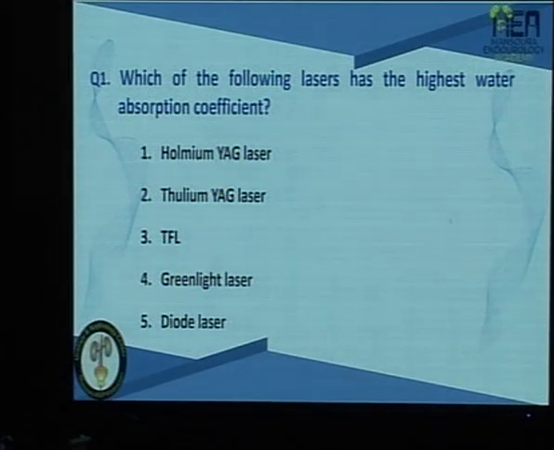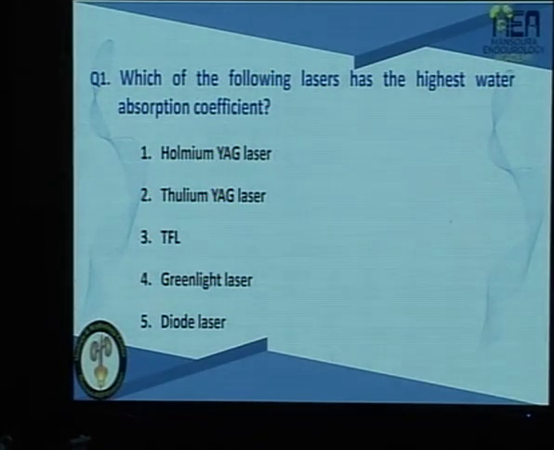Look, as Dr. Ahmed Atta yesterday mentioned in the mandatory physics of laser, every laser has its own fingerprint, and in order to understand how the laser works, every laser has its own wavelength, absorption coefficient, target chromophore, and optical penetration depth.